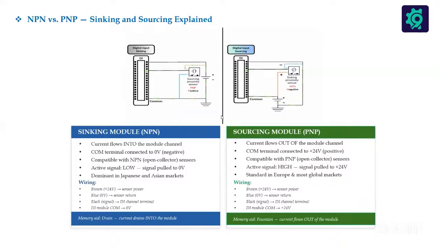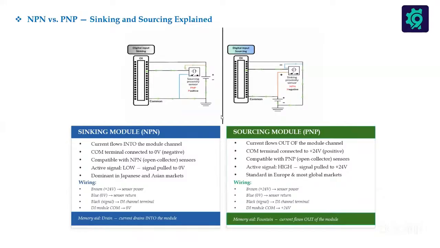In this case, when you look at the flow of current, you will see that positive is flowing from inside the PLC down to the sensor, and then the circuit gets closed at the common end. So at this point, you will say that the PLC is sourcing to the sensor, while the sensor is sinking the PLC.